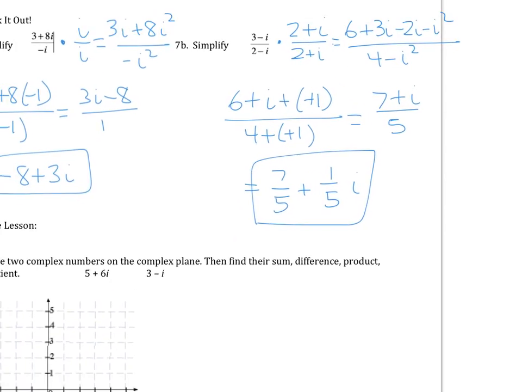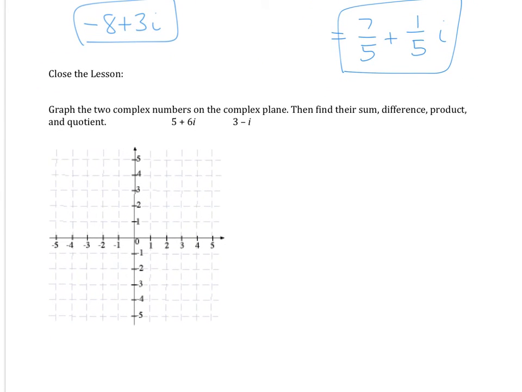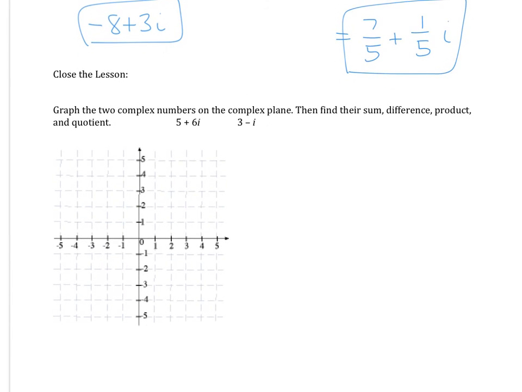Hopefully you were able to follow along with those, and we just finish out. Graph the 2 complex numbers on the complex plane, find their sum, difference, product, and quotient. So graphing, remember that this is the real number part, the x. This is the i. So 5 plus 6i is here. 3 minus i is there.